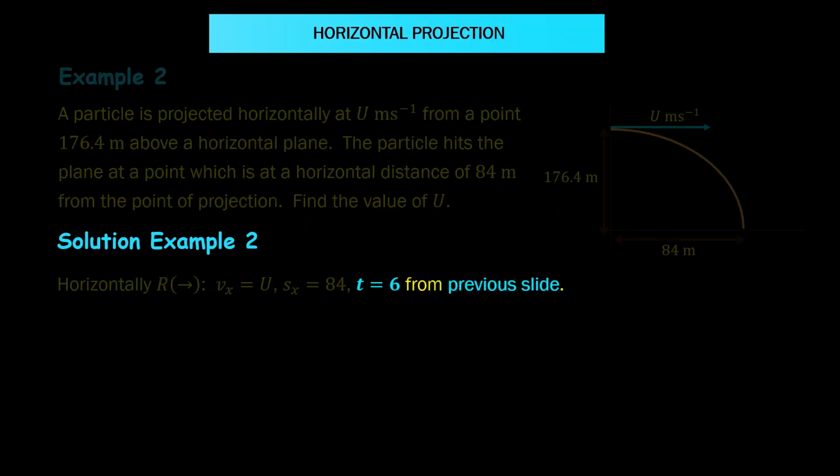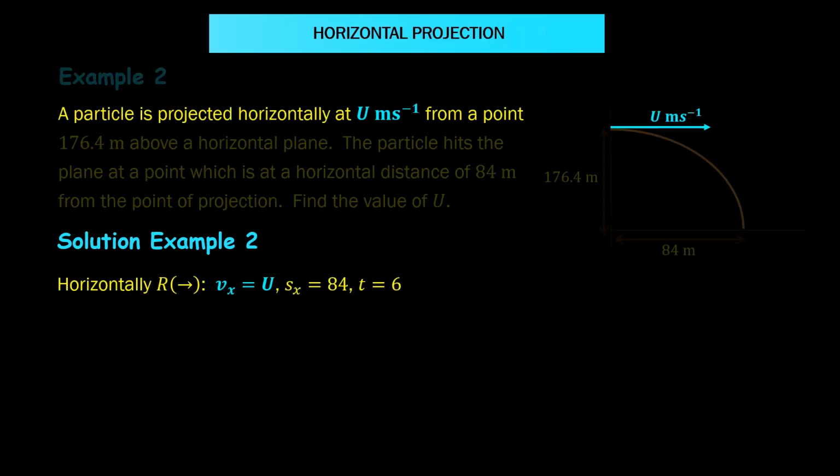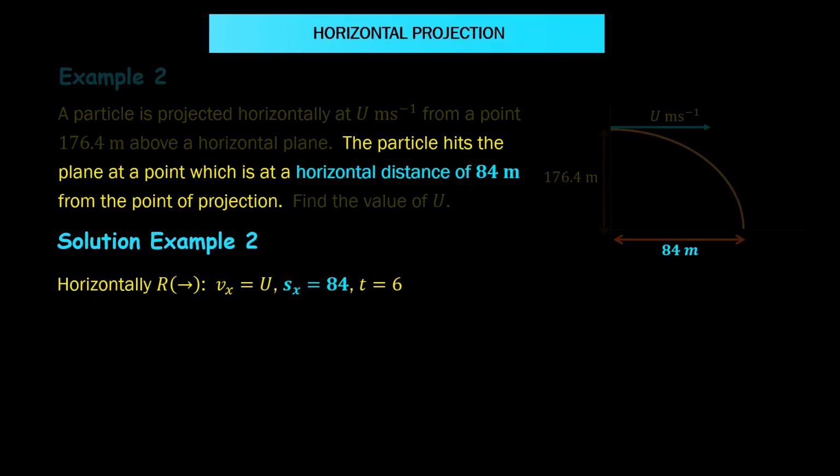So we have t equals 6 from the previous slide, and we're going to use that for the rest of our calculations. So horizontally, we have v subscript x equals u, the initial velocity. The horizontal distance equals 84 meters.